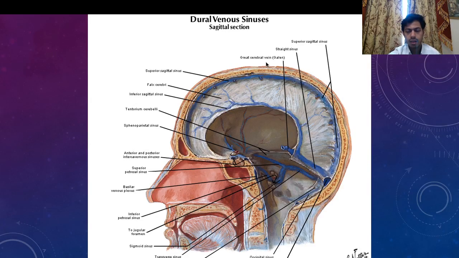So this is the venous drainage system of the CNS.